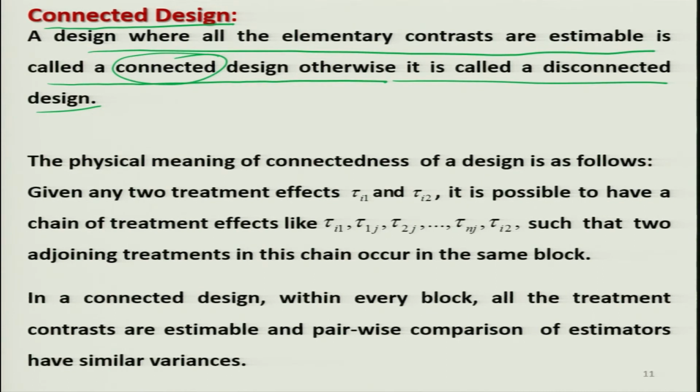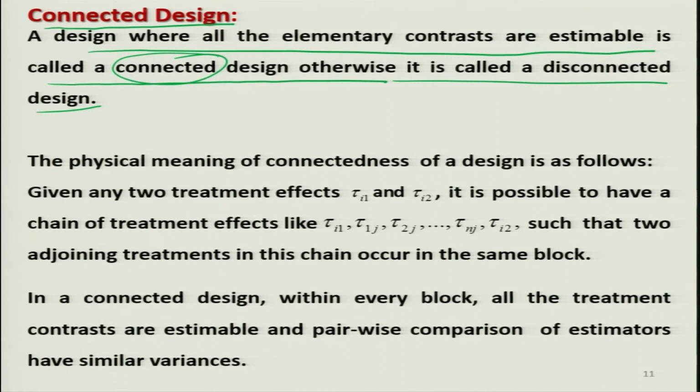If you can understand that, then the understanding of incomplete block design and its relation with this definition becomes simpler. So let me try to show you the physical meaning of this connectedness, and then I will show you a graphical display also.